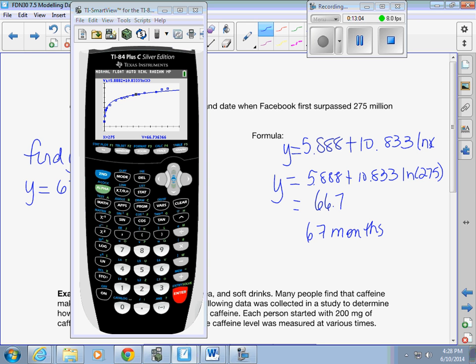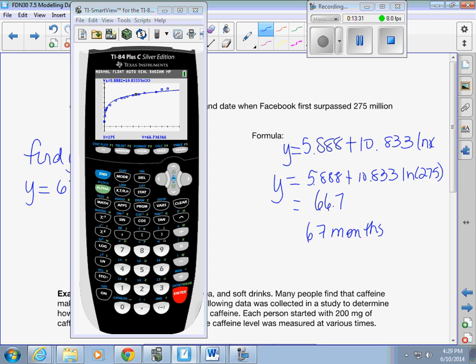I'm just going to flip over to the back page because this is actually one of the questions in your textbook. So it's on page 498. So I'm just going to go through and answer the rest of the questions. No, I made up a question here, or I found a different question.